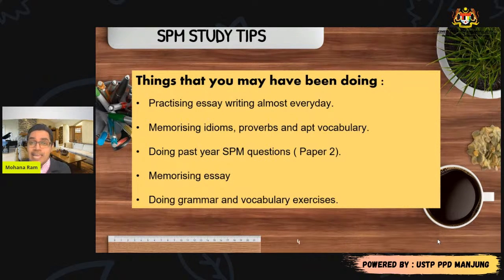If you are blindly practicing writing every day without having an aim, then most likely you're going to make the same errors. You're not going to improve much. The most that you would improve is your word count, probably because you have been practicing writing. But what about vocabulary? What about the use of the right structure in writing?